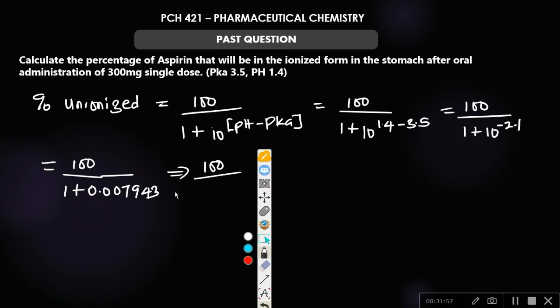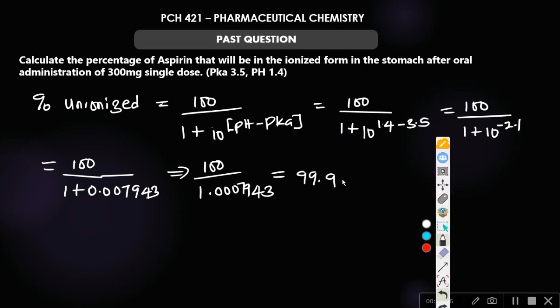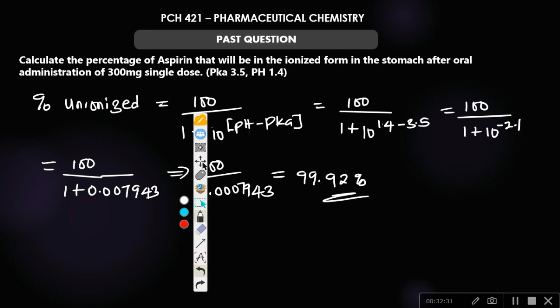When this adds to 1, it's going to give us 1.007943, which will be equal to 100 divided by 1.007943, which is 99.92%. This is the amount of unionized aspirin in the stomach. Is that okay? Good. So that is that for this one. We'll see in the next one.